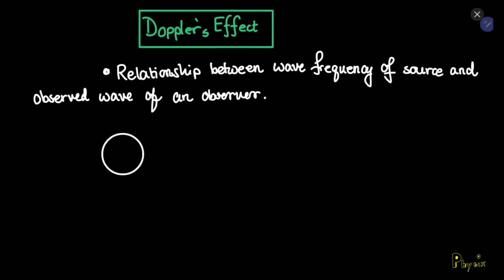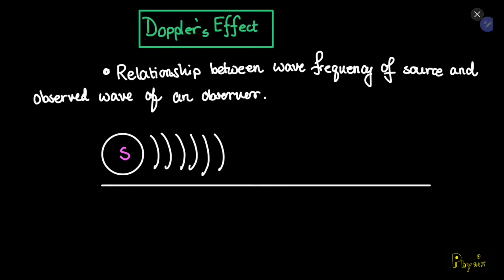A very specific example would be, let's say that this is the source of a certain type of wave. Let's say, for example, this is sound.